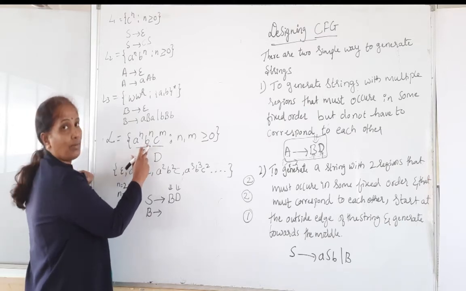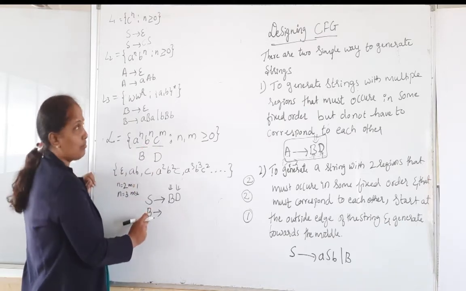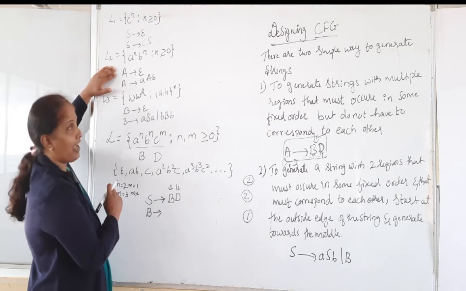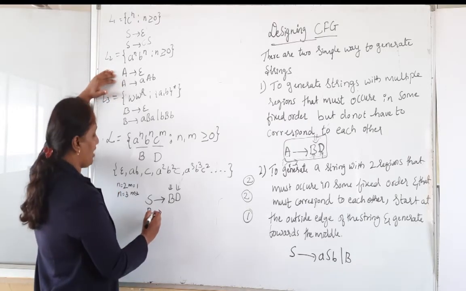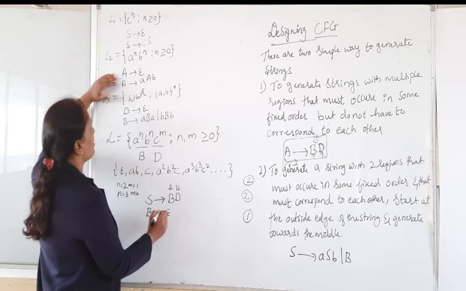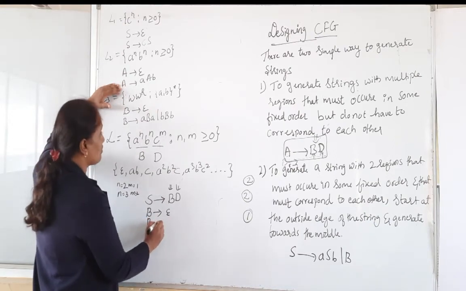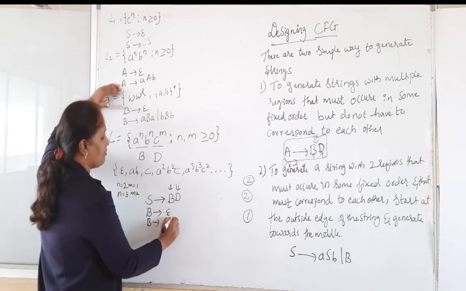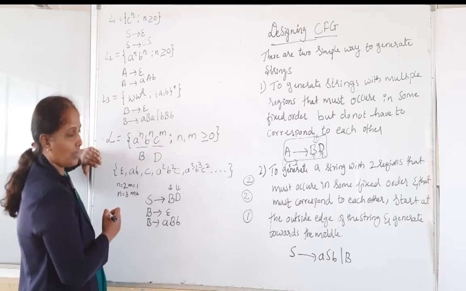So any number of a's, any number of b's get accepted by this B. So it is the same as language 2. Based on that I can write B produces epsilon. Next, B produces a B b.